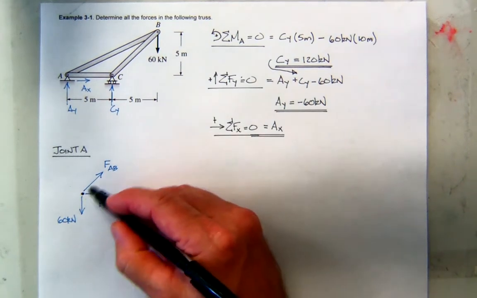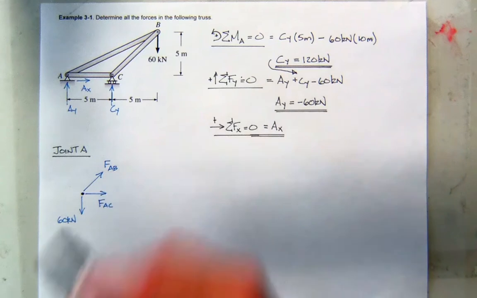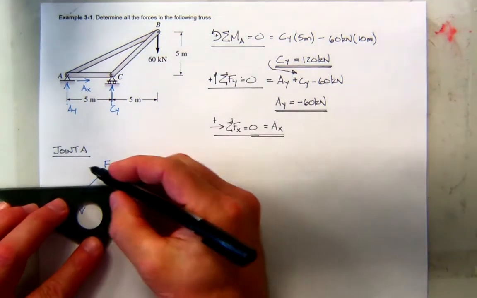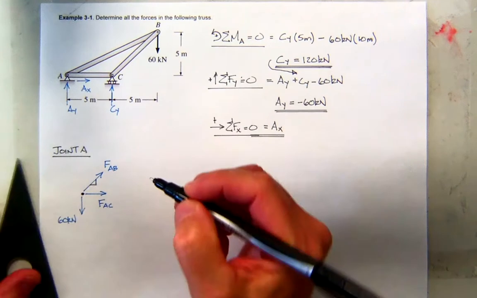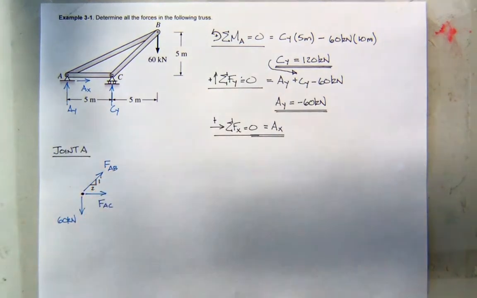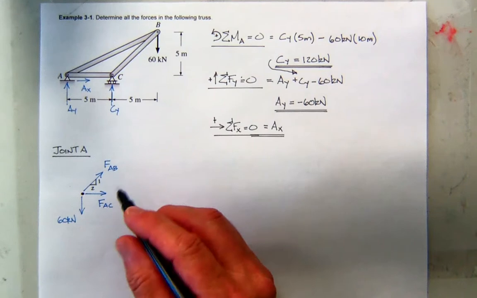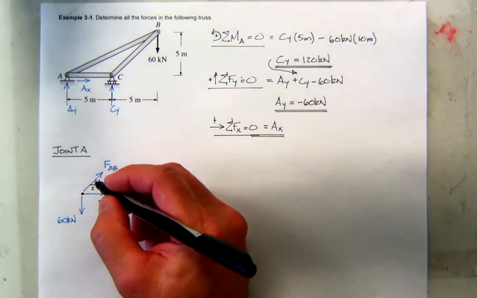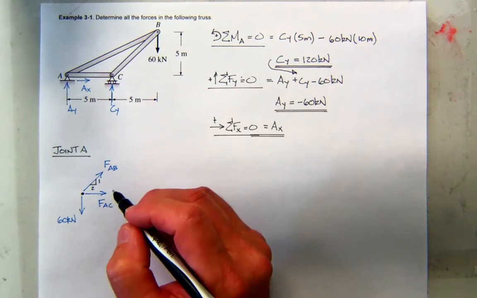What's the slope of this guy? It looks like horizontally it moves how far? 10. And then it rises how far? 5. So divide that by 5 and I get a 2-to-1 slope. See that? And if you had a right triangle with legs 2 and 1, what would the hypotenuse be? 2 squared plus 1 squared, take the square root, would be square root of 5.